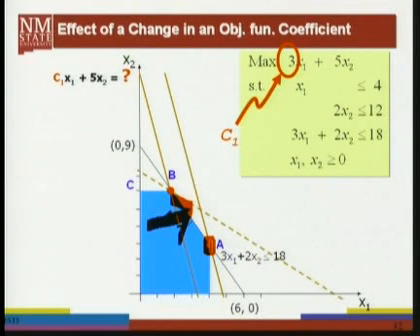So we may conclude that if a change in C1 causes the isovalue line to be steeper than the plant number 3 constraint, then the optimal solution will change from the current optimal solution, which is point B, to a new optimal solution, which is point A. Is that right?